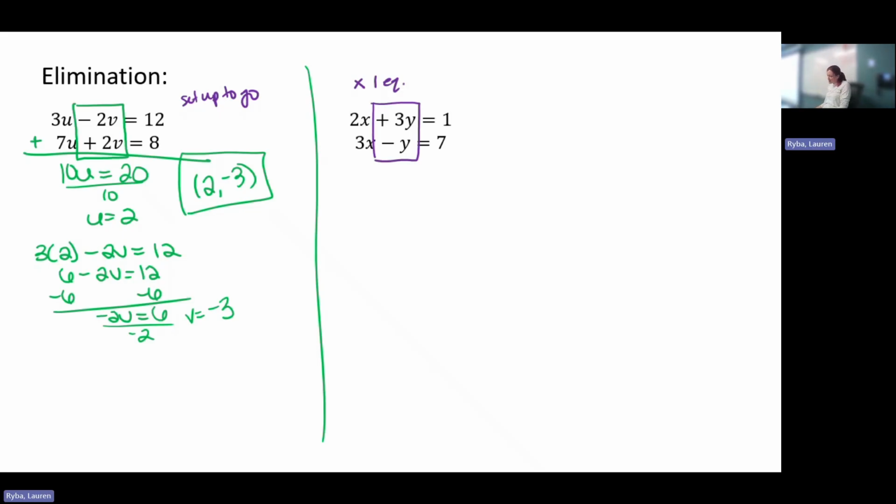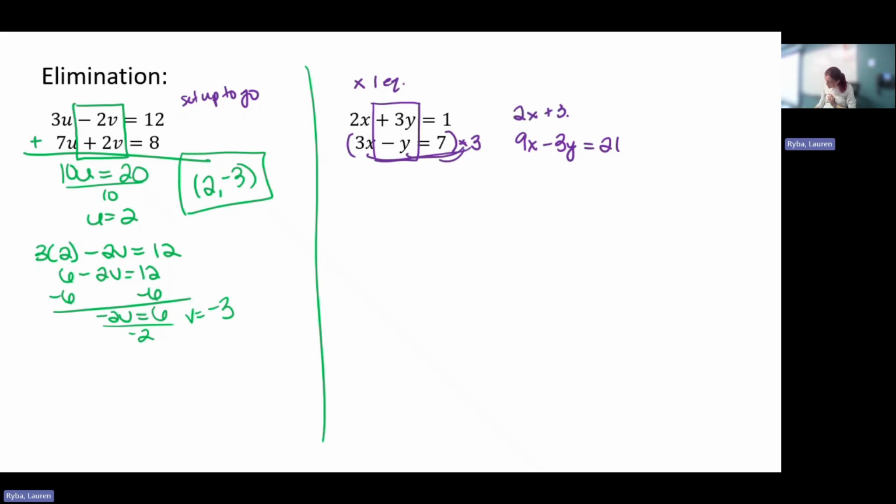So if I multiply this bottom equation by 3, I get, not 3x, I get 9x minus 3y equals 21. The biggest mistake I see when people do this is they forget to multiply the end one. They do 9x minus 3y and leave it still with 7. So just make sure you distribute it into every single piece.